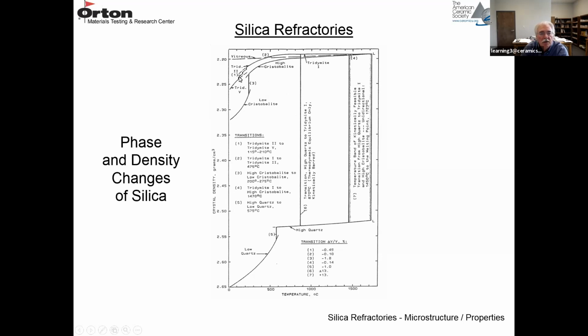You go through the transformations here. If you heat this up again, obviously you go through the same transformations, and then you have the volume increase and the density decrease. And vitreous silica has a flat change here. It's not crystalline, it's amorphous, so the density is really not changing. So that's what happens with the crystal density changes and temperature for all the different forms of silica.